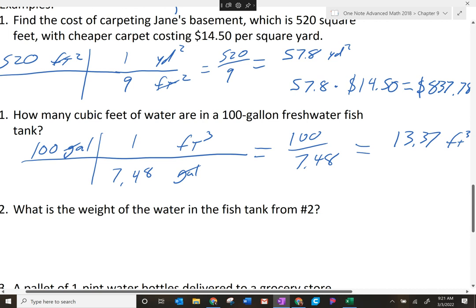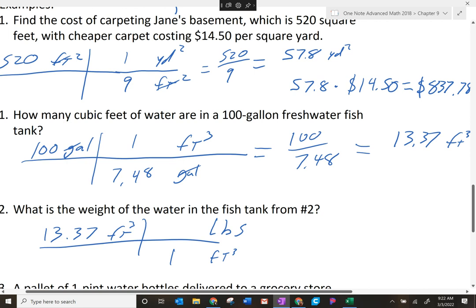We're going to do the exact same thing with those conversions. We've got that 13.37 cubic feet, and for that, we have pounds on top and cubic feet on the bottom.